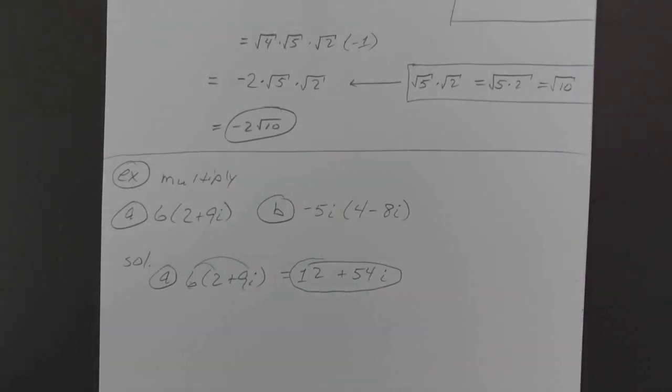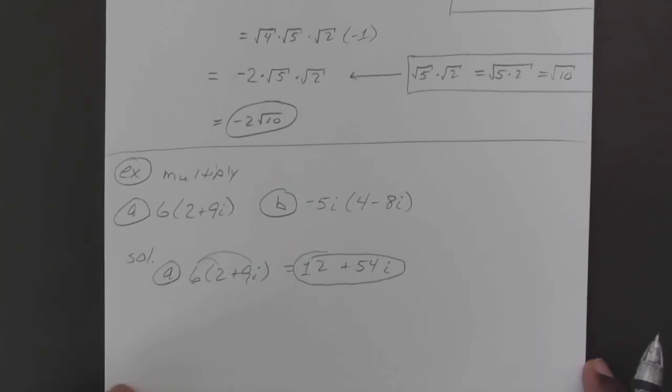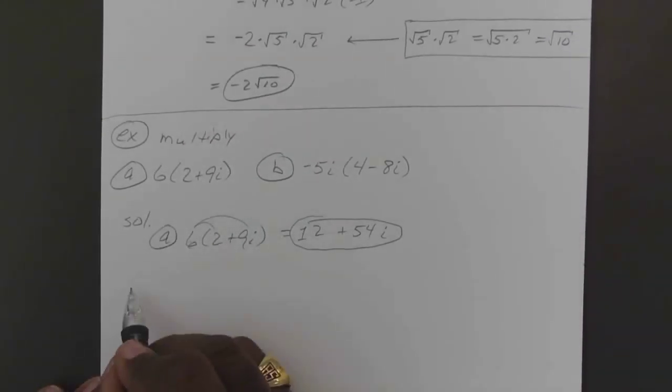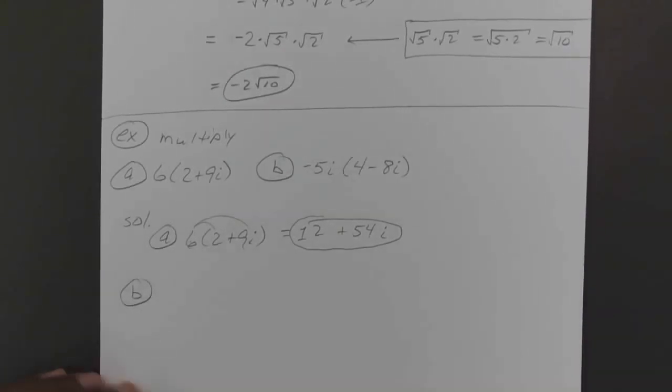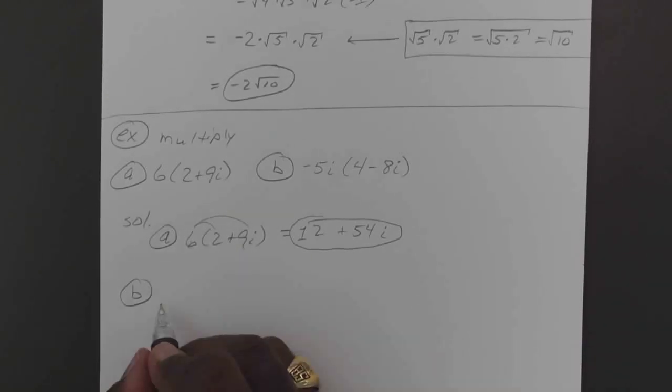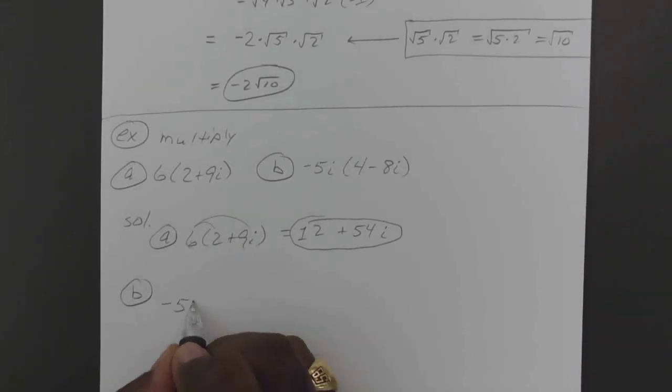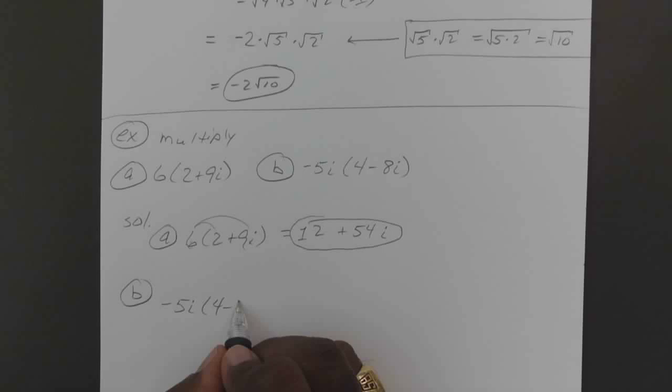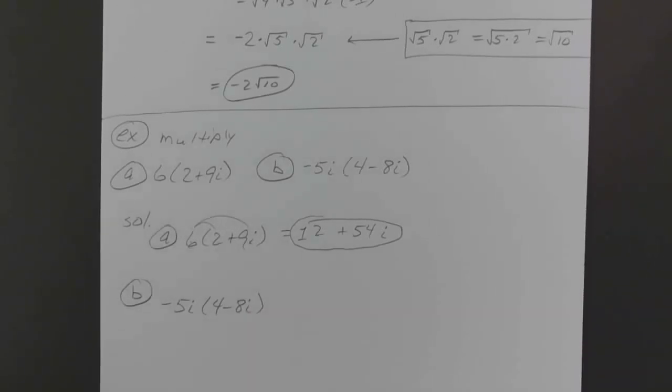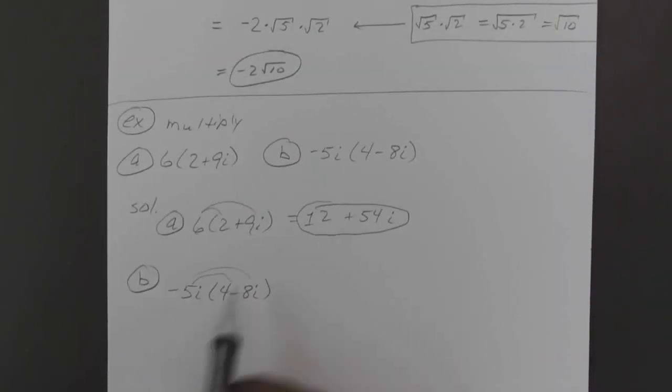Now for B, the only difference is now you're going to end up with an i squared. So you do everything you would if you had a variable, it's just that with an x squared, you leave it as x squared. But if you get an i squared, you have to actually make that a -1. So -5i times 4 minus 8i. Go ahead and distribute that one.